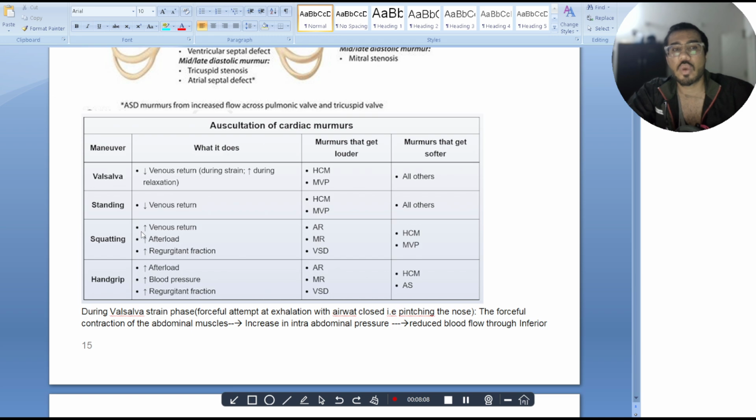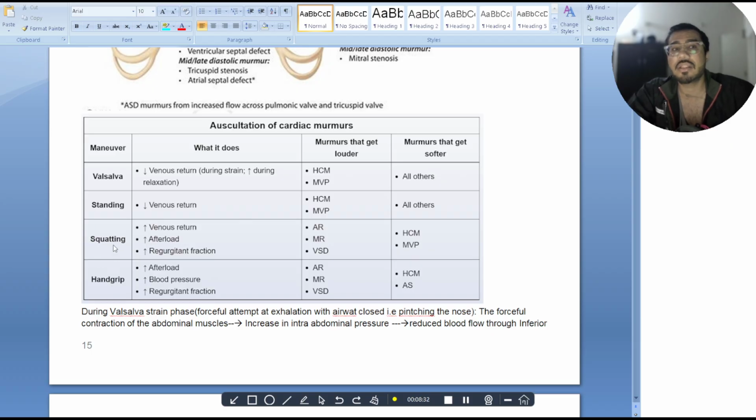Hand grip. What happens during a hand grip? The contraction of the muscles during the hand grip results in compression of the arteries, which results in increased afterload. You might ask, isn't it the same as squatting? Why is there no increase in preload? Because both of them are basically muscular contractions.